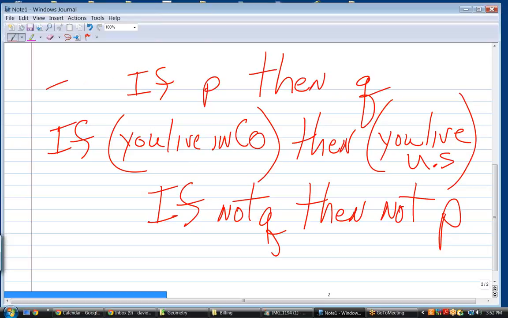So these always go together. If P then Q means also if not Q then not P.